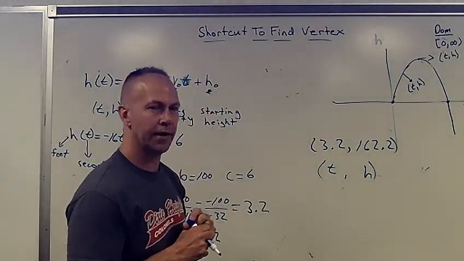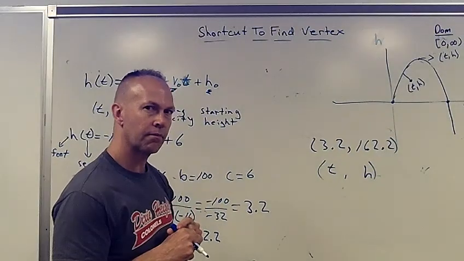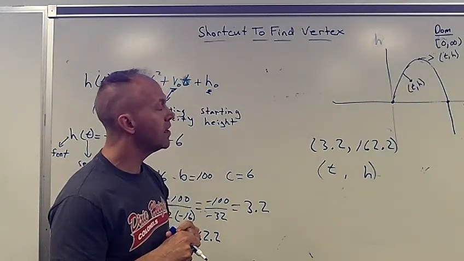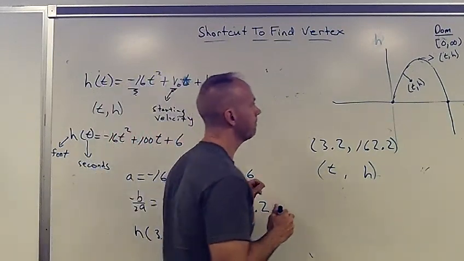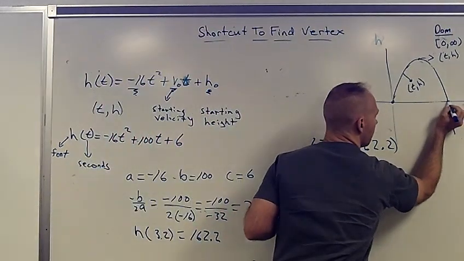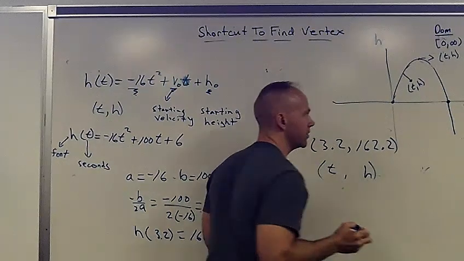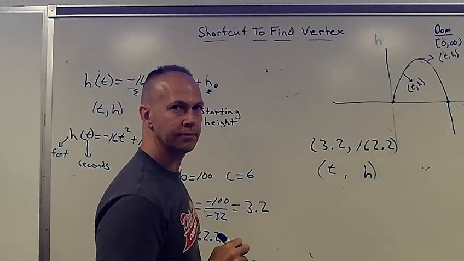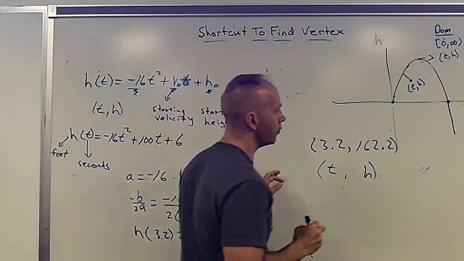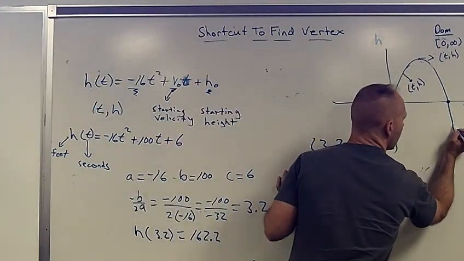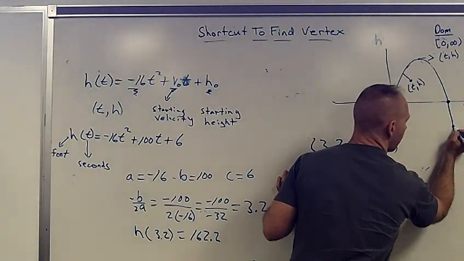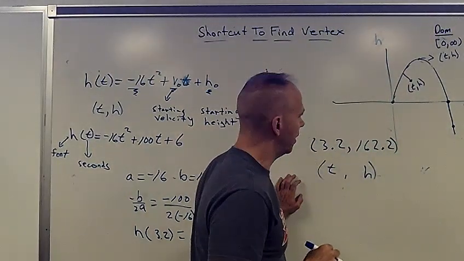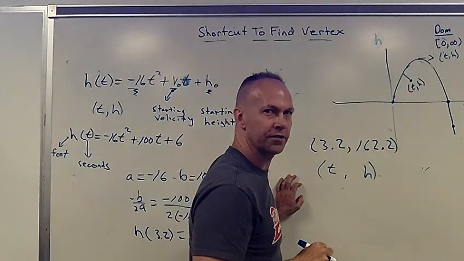Why or why not? Something a little fishy about it. Secondly, what does this point right here represent as far as our rock? And tied to the first question, what would this point right here mean as far as our rock is concerned?